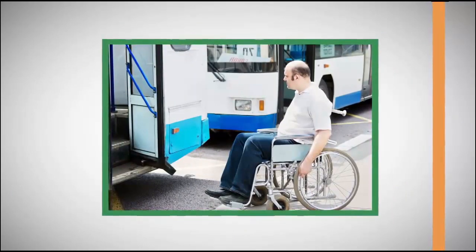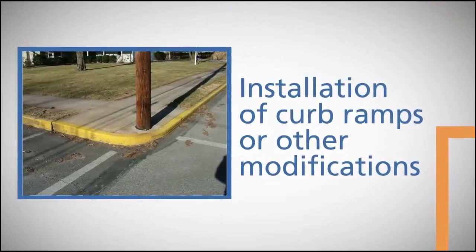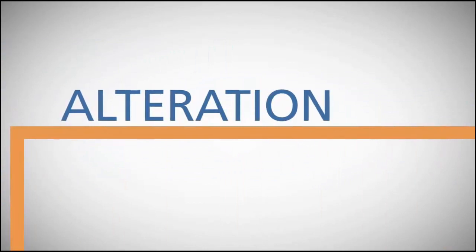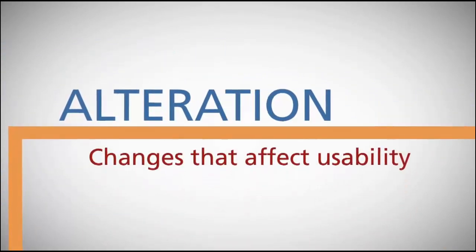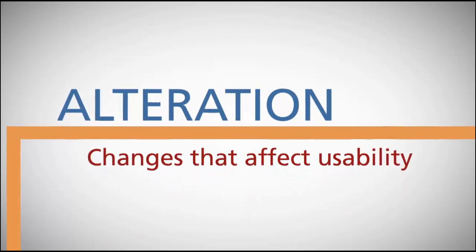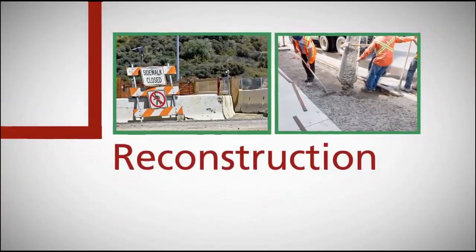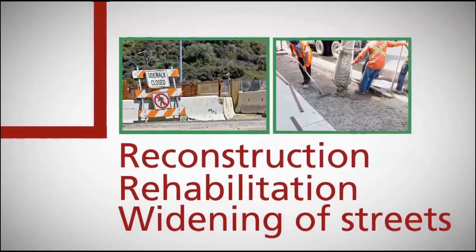Accessibility laws and guidance require the installation of curb ramps or other modifications when a project alters a roadway. An alteration is a change that affects or could affect the usability of all or a part of a building or a facility. Alteration of roadways may include reconstruction, rehabilitation, and the widening of streets.